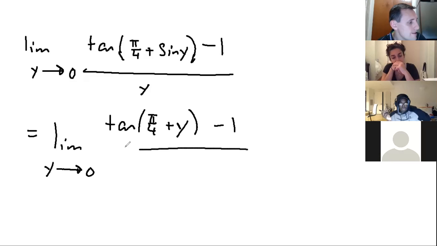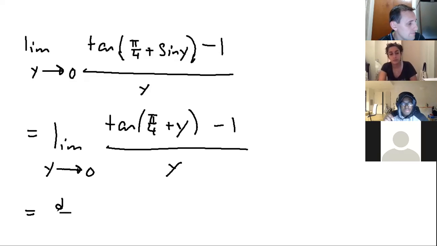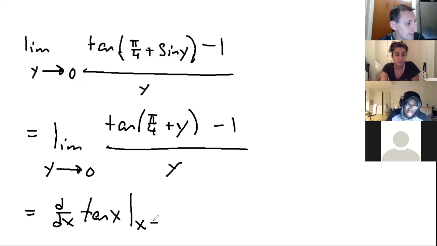Minus 1 divided by y. And what is this? This is the definition of the derivative of tangent x at x equal to pi over 4. Do you recognize it? I just use y instead of h.